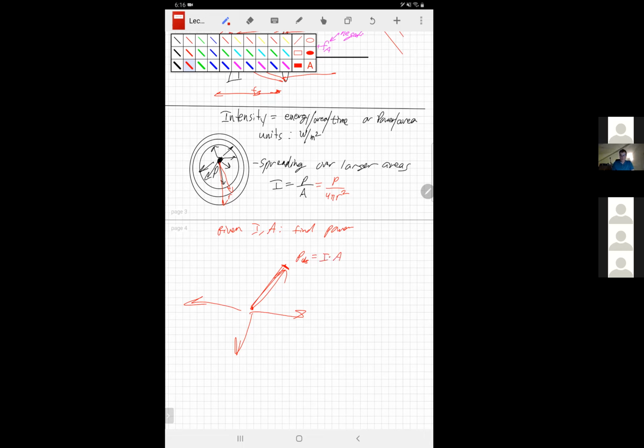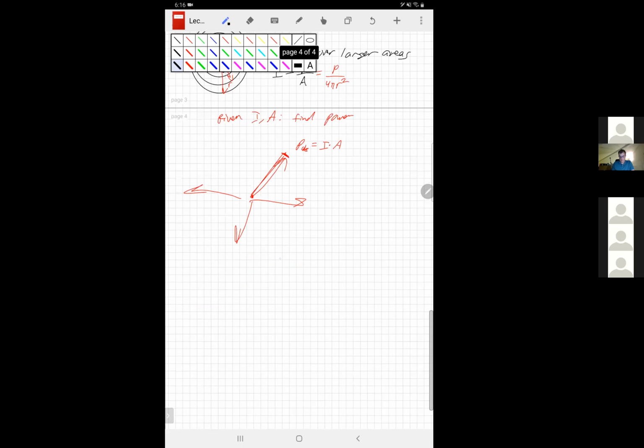Now, what I asked you to look at on today's homework is what happens if we've got light hitting a surface that's tilted. So all of our light rays are going like this, but our surface is tilted.